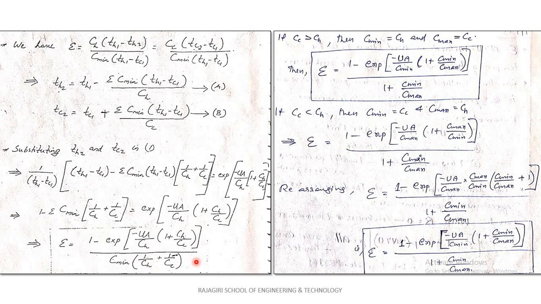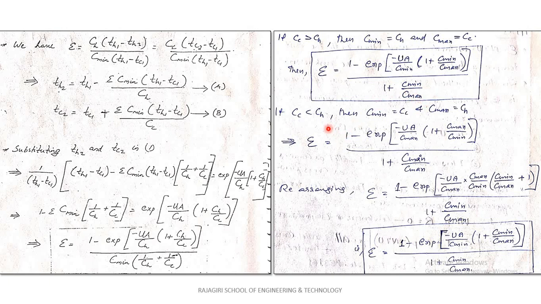Here CH is C minimum, right? If you multiply C minimum into the bracket, you get 1 plus C minimum by C max.